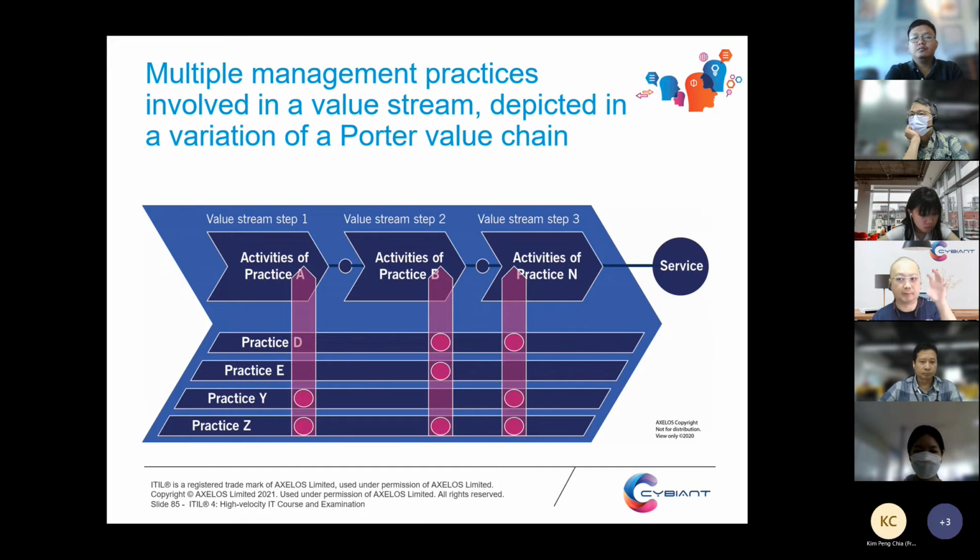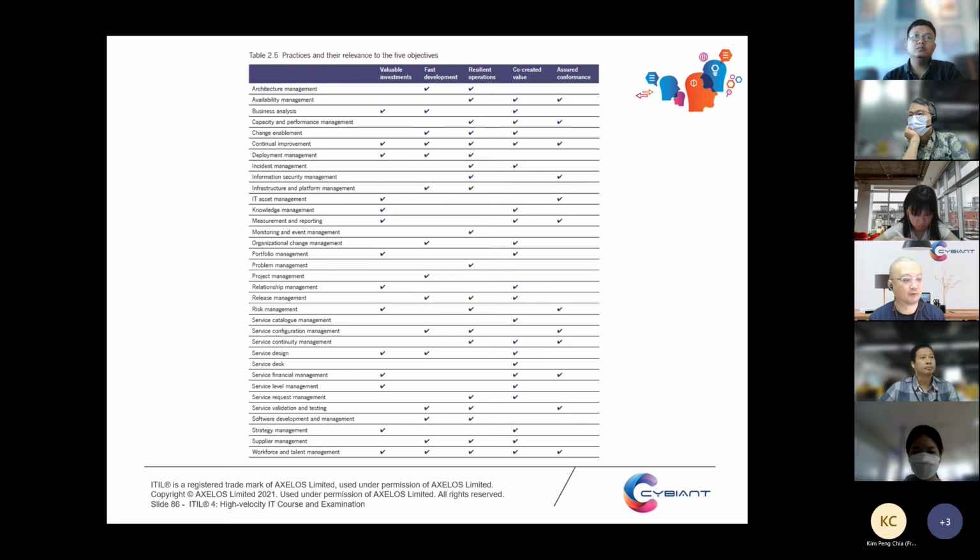If you map it to a value stream, you should identify which of the 34 practices it ties back to. This is a table. I will use this as a reference table. You don't necessarily have to memorize it, but if you are trying to map this from an IT perspective, you can use this table to draw it out.